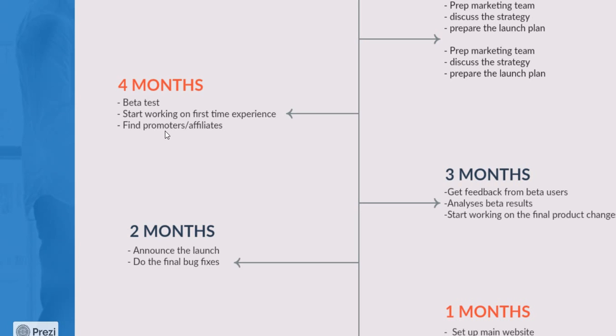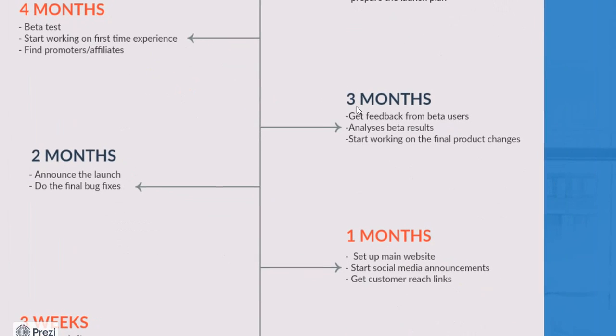Like when in Las Vegas they open a new casino and they have the opening and the pre-opening. It's like a test. It's a beta. And you start working on first time experience, find promoters, affiliates, sponsors.